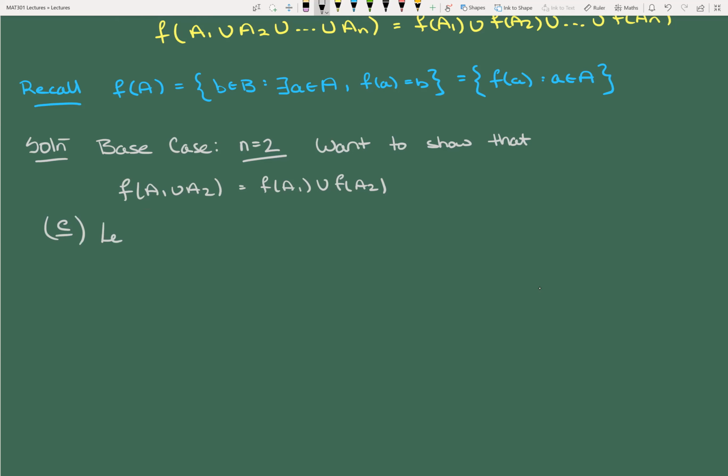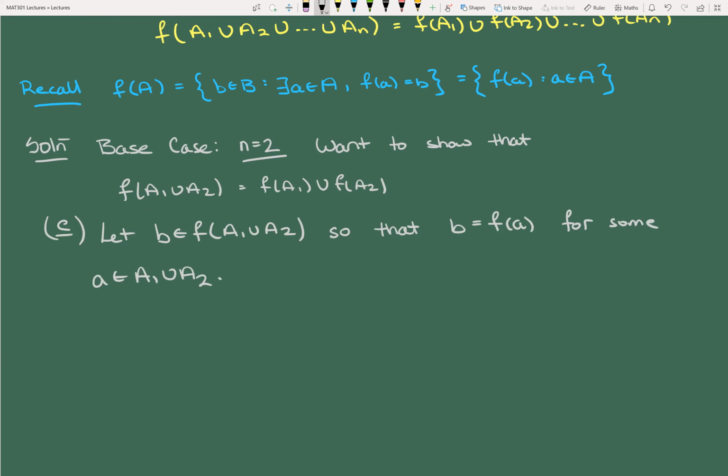Okay, so let's pick some element on the left-hand side. Let's take b to be in this set. Now, since b is in the image of A1 union A2, if we look back at the blue, which tells us the definition of the image, that means that b is equal to f of a for some a in A1 union A2, right?